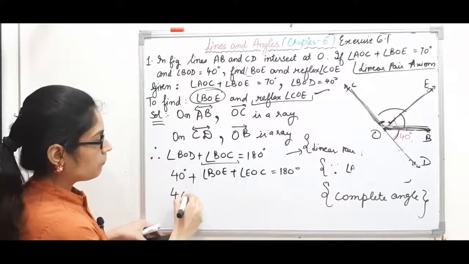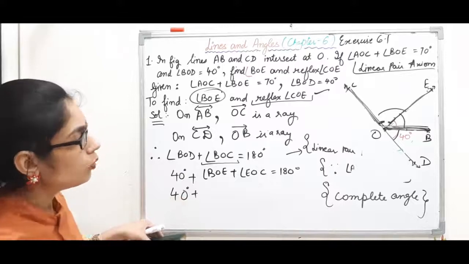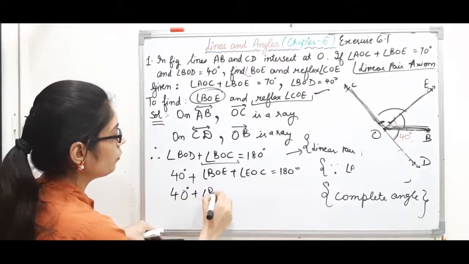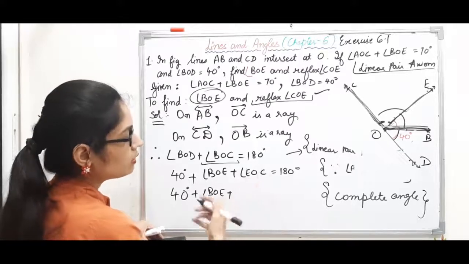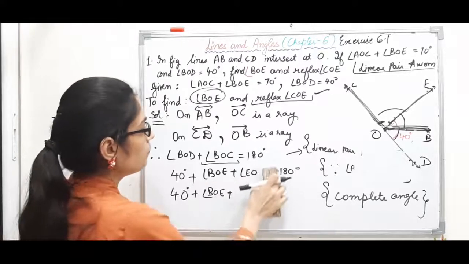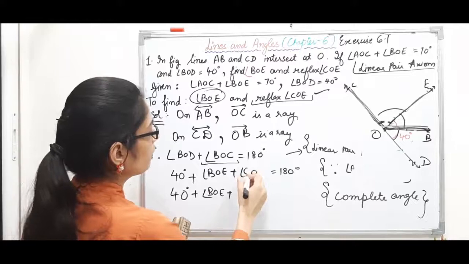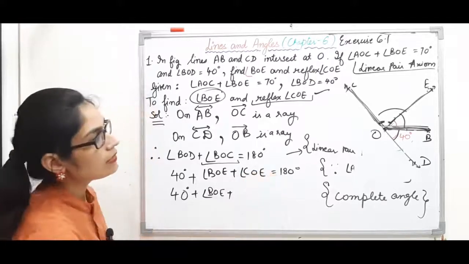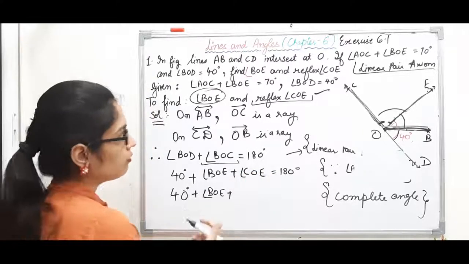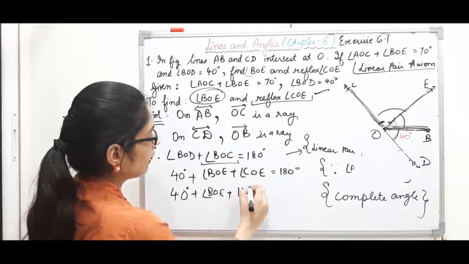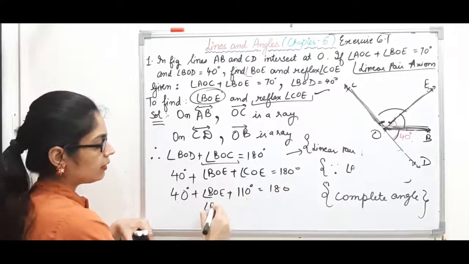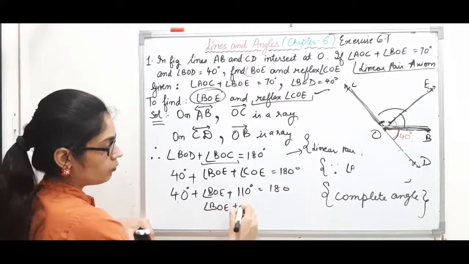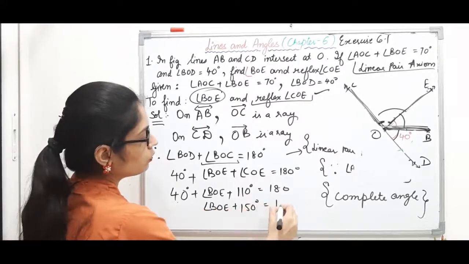So 40 plus BOE, we have to find the value of BOE, plus EOC. EOC and COE are both the same, so you can write either way. COE we have already found, which is 110, is equal to 180. So 40 plus 110 is equal to 150 degrees.